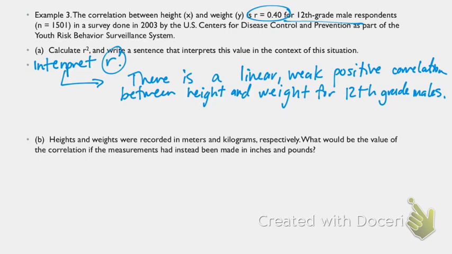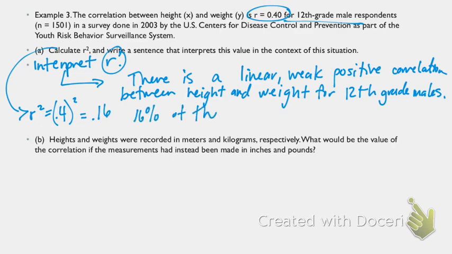Now, second part: calculate R squared and write a sentence that interprets it. If I want to calculate R squared, I just take 0.4 and square it, which is 0.16. Let's go back to our script and turn this into a percentage.